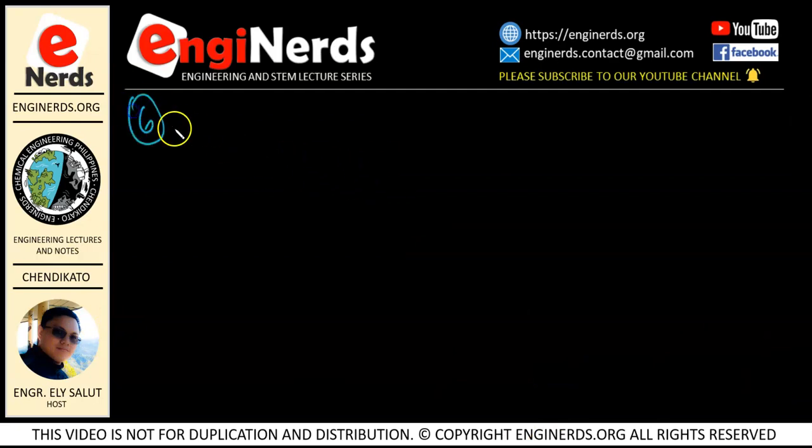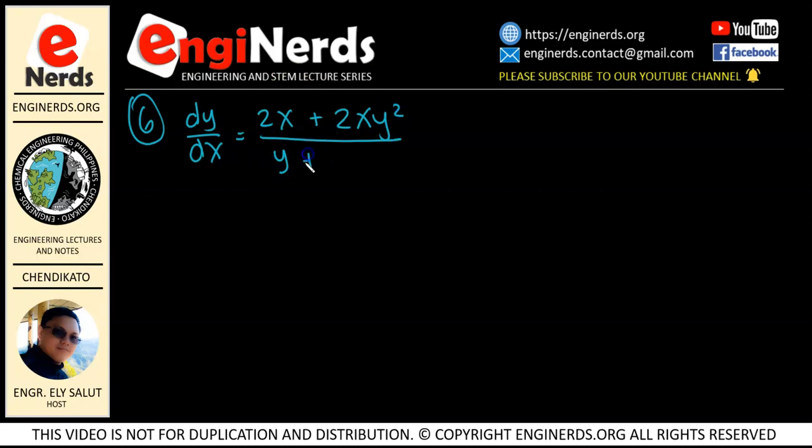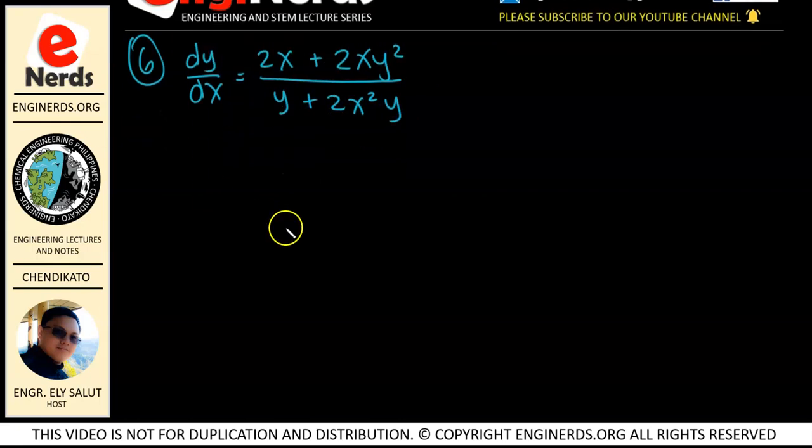So, problem number 6, we have dy over dx is equal to 2x plus 2xy squared over y plus 2x squared y. Okay? So, kung makikita natin, halo-halo yung ating x and y dito sa ating question.